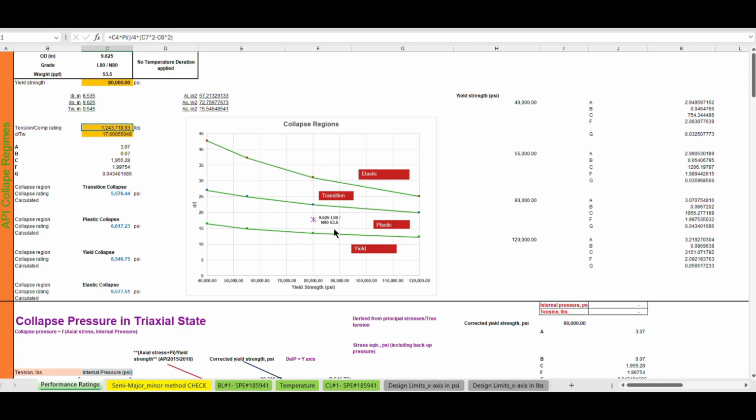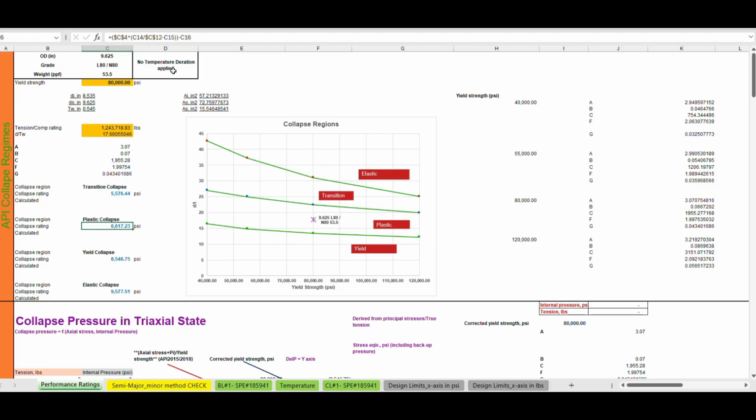So the equation that we apply to the casing for this reference is the plastic regime, which gives 6617, and I think the spec value is 6620 psi. So it's always a good check to see where the casing falls on the API regions, so that you have a visual, and also a cross check of the value with the spec sheet.